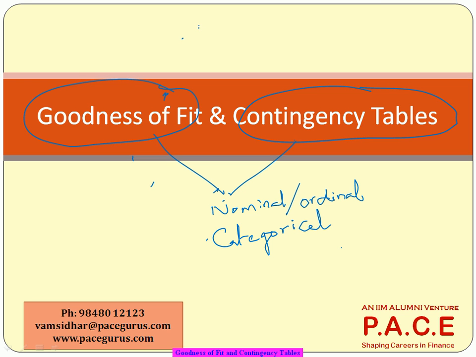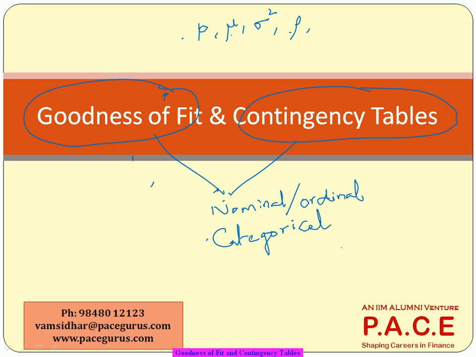We have talked about testing for proportions, testing for means, testing for standard deviations or variations, correlations, regressions, and between two samples, the equality of proportions, equality of variances. We have done so many tests till today across various chapters.